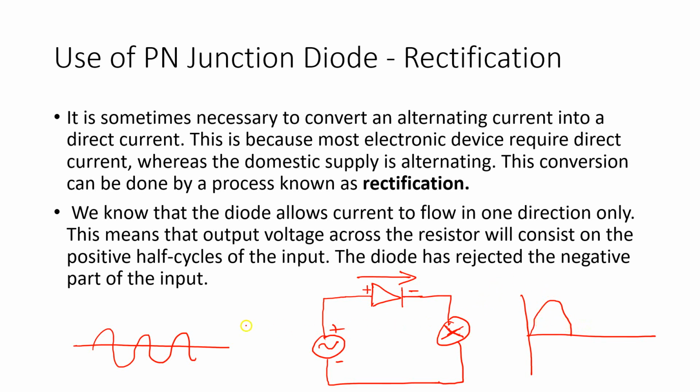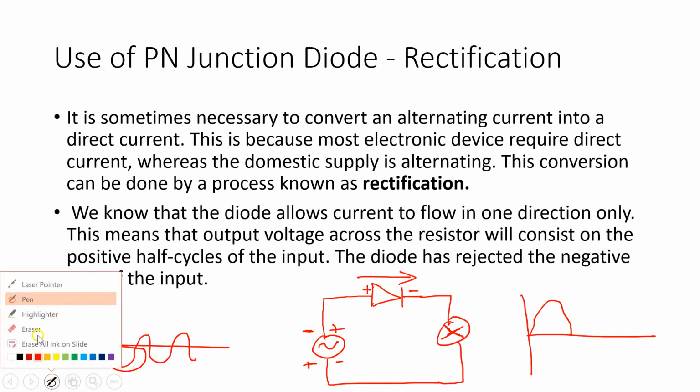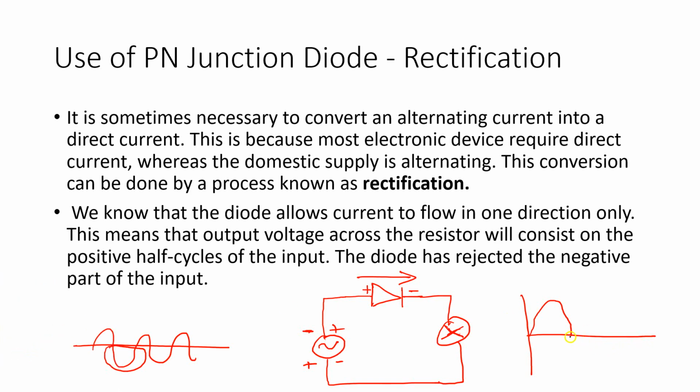But when the negative portion is reached, this is the negative part, right? Which is now going to be negative and positive here. When that is going towards the diode, it's going to cut it off, which in a sense means that it rectifies. So there's a process of rectification, which is just cutting off the negative portion.